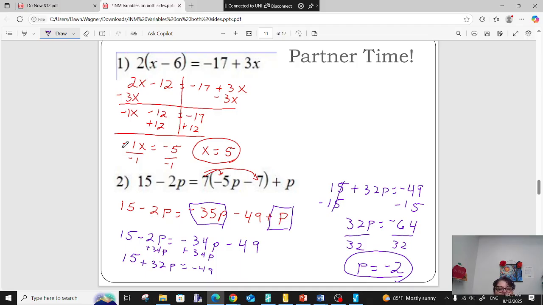So you do the distributive property here. 7 times -5p is -35p. 7 times 7 is negative, but it's at a minus. Negative, geez, -49.